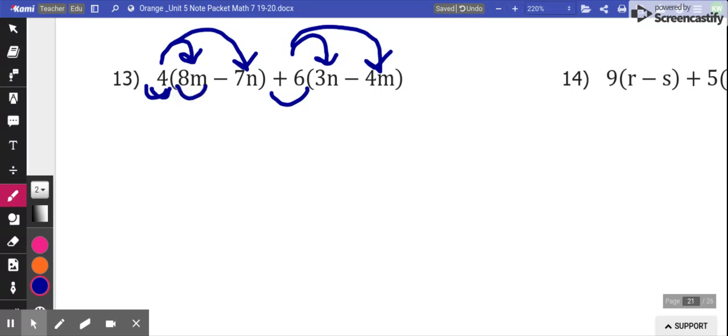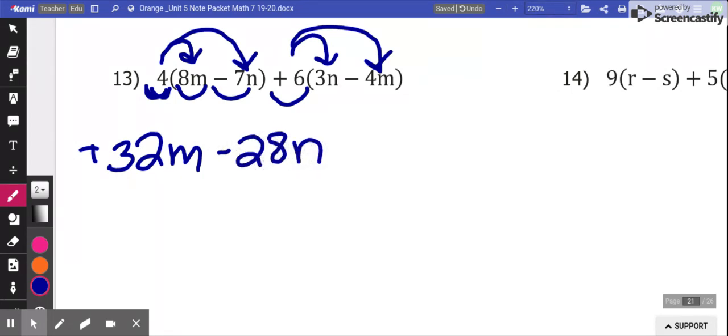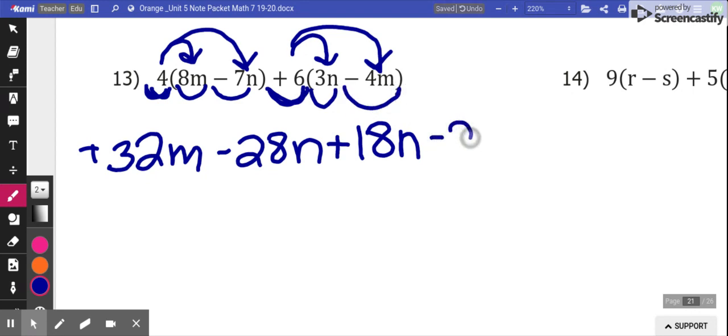4 times 8m is what? 32m. I'm going to make a plus sign. Okay. 4 times negative 7n is negative 28n. 6 times 3n is positive 18n. 6 times negative 4m is negative 24m.